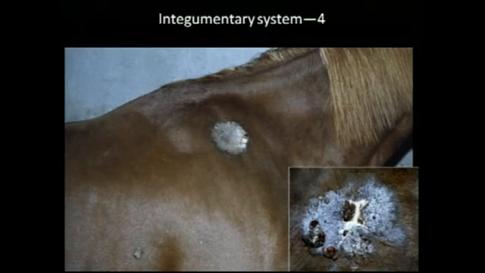And the quickest way to convert it from the flat verrucous form to the big, bulky fibroblastic form is to do a biopsy. This horse has a mixture of the flat form and the big, bulky form here. The cause of this tumor is bovine papillomavirus, either type 1 or type 2 usually.